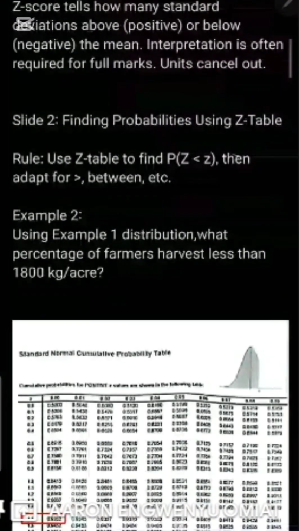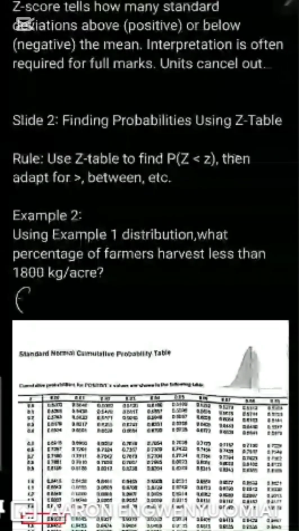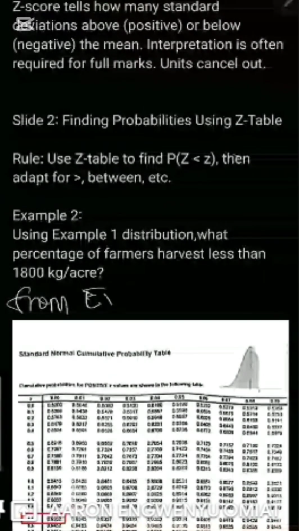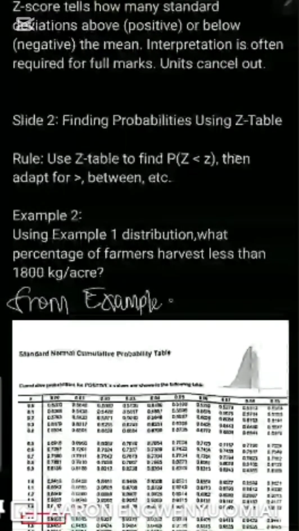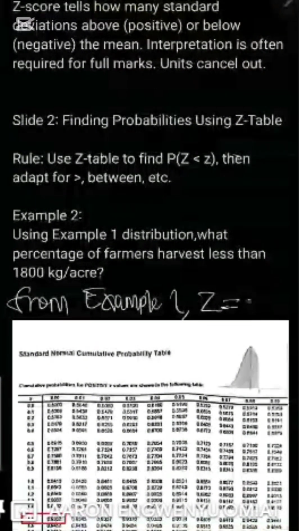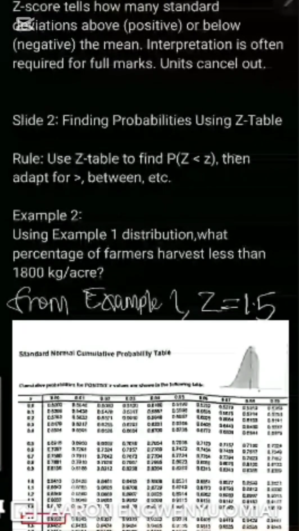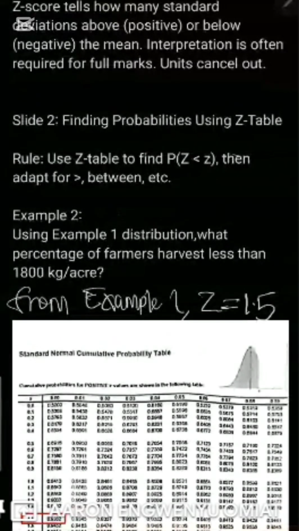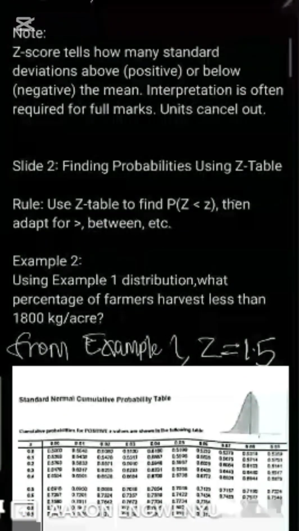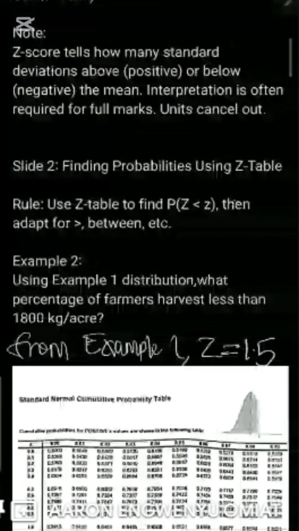So from example 1, our Z value is equal to 1.5. After we've got the Z value, we go to the table and see where it lies.